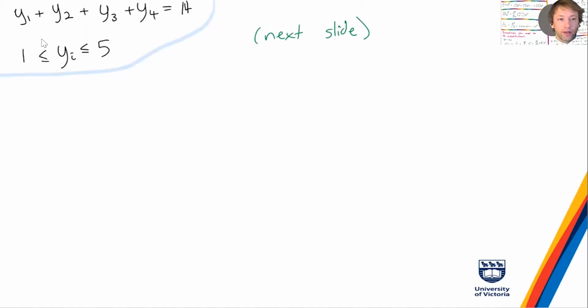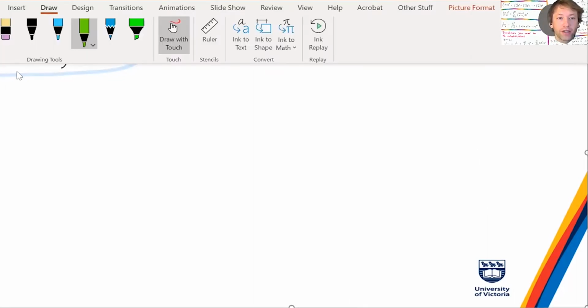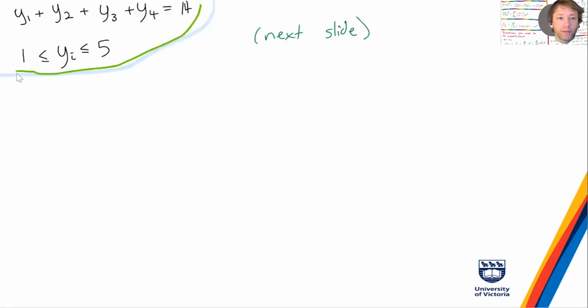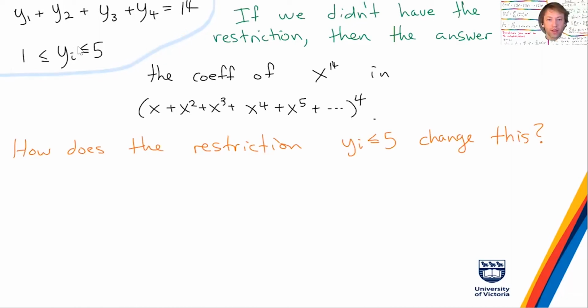So just repeating our equation, this is what we want to find the solutions to. The yi's are integers. Okay, so let's imagine we didn't have the restriction that yi is at least 1.